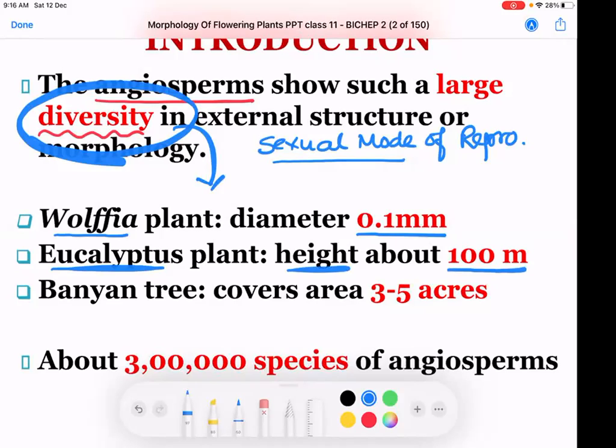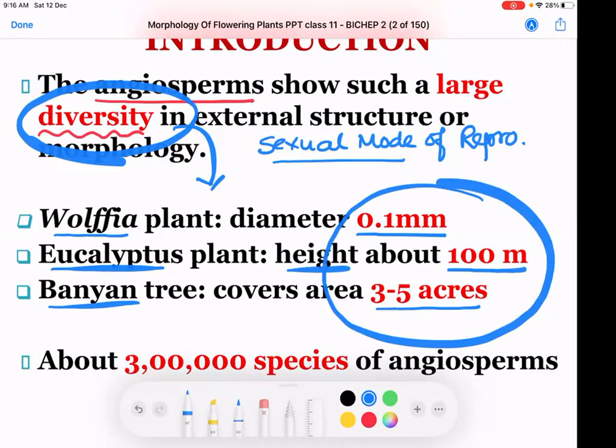Right? And the third example which is given is the banyan tree. Its width, the maximum we can find, is 3 to 5 acres. So that width it can cover. So this shows the variety of different types of external structure, from the tiniest to the tallest to the giant one.